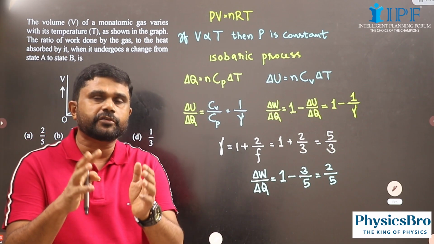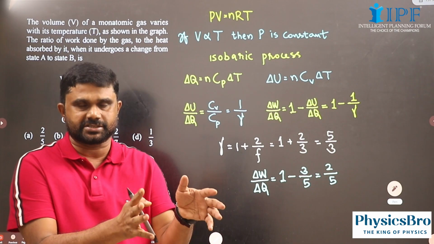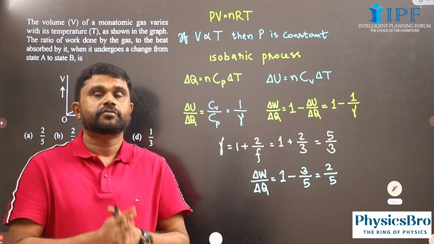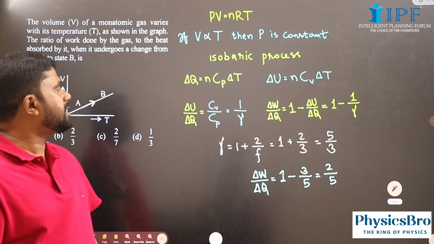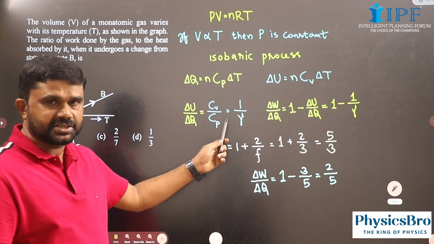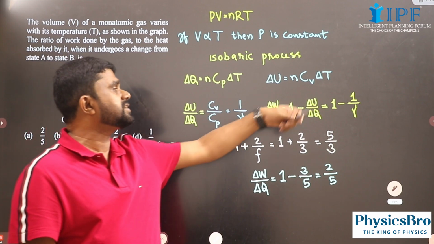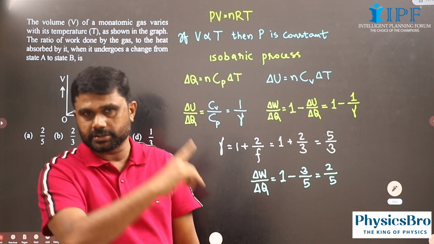See, if 1/3 of the heat added is used to increase the internal energy, then the rest, 1 minus 1 by 3, that is 2/3, will be used for external work. Similarly, here 1 by gamma is the fraction used to increase the internal energy, so 1 minus 1 by gamma will be the fraction used for external work done.